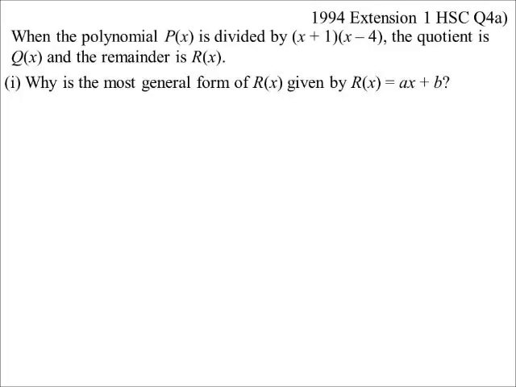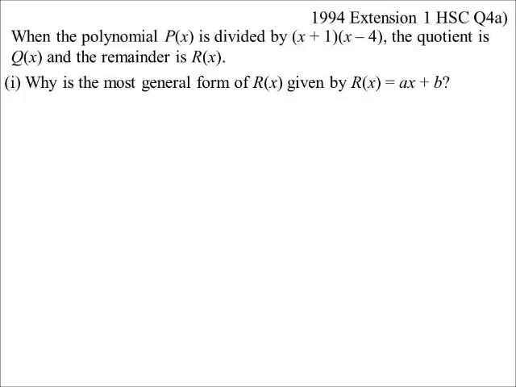1994. When the polynomial is divided by (x plus 1)(x minus 4), the quotient is Q(x) and the remainder is R(x). Why is R(x) the most general form given by ax plus b? Now, these are the sort of questions I know you love, where instead of just doing maths and coming up with an answer, you have to explain yourself. Yeah, I know you love them. What would the reason for that be?